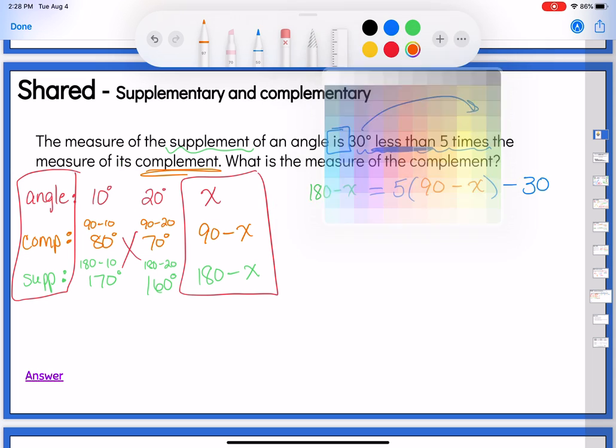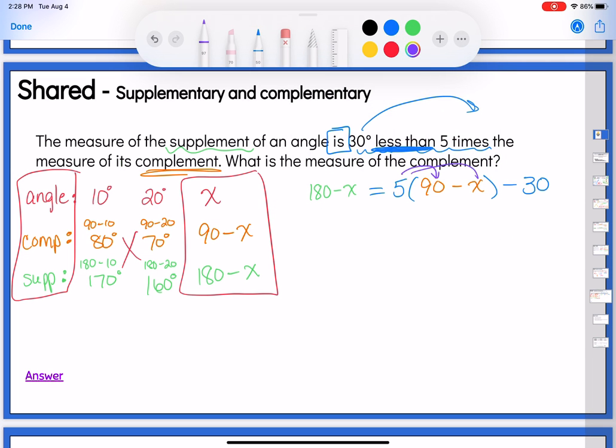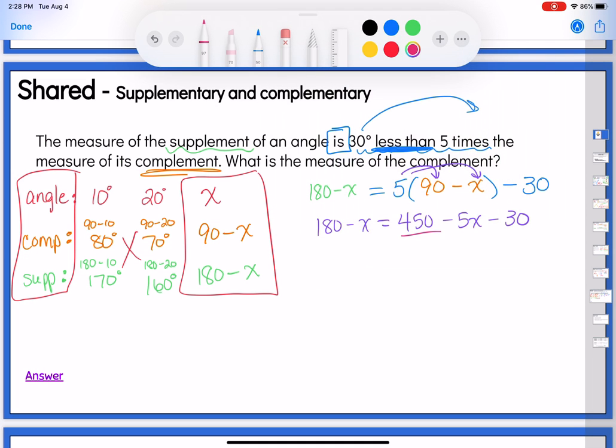Okay, let's distribute. There we go, now I got it. Distribute my 5, so I get 180 minus x equals 450 minus 5x minus 30. I'm going to combine some like terms before I start moving stuff around. I get 180 minus x equals 420 minus 5x. All right, now I'm going to add 5x to both sides just to get my variables together.